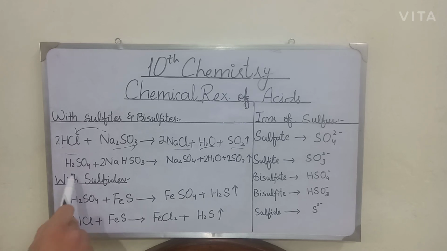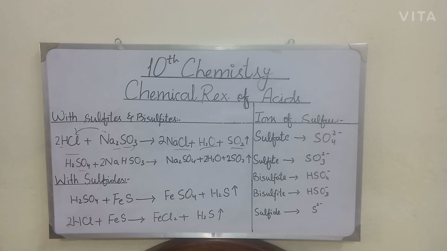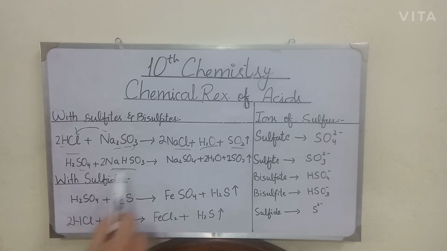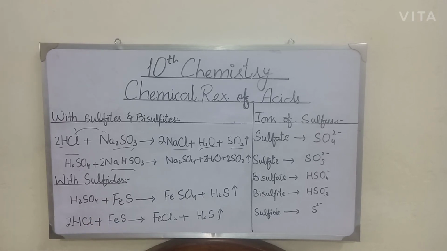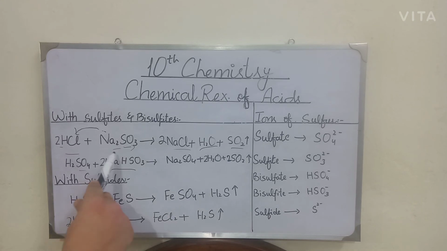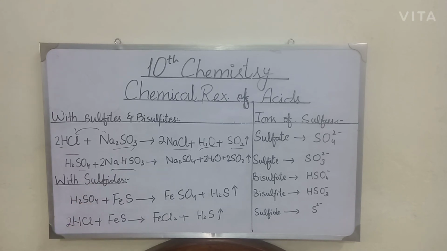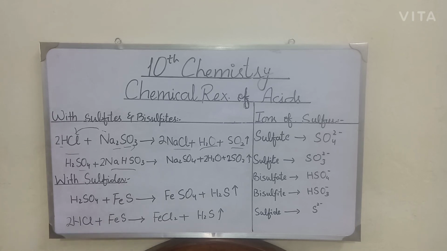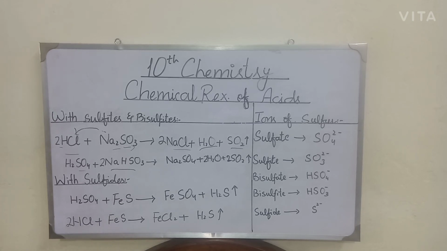Similarly, sulfuric acid H2SO4 reacts with sodium bisulfite, NaHSO3. In the first reaction there is Na2SO3, sodium sulfite, and in the second reaction there is NaHSO3, which is sodium bisulfite.